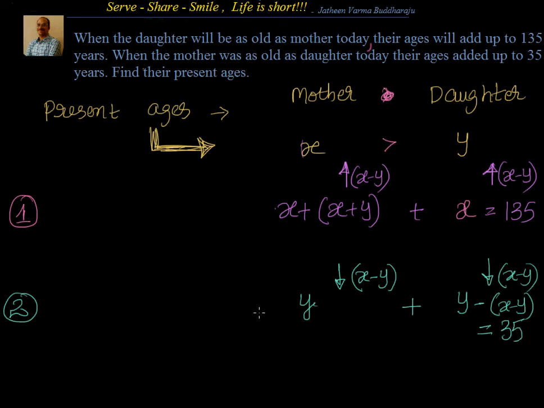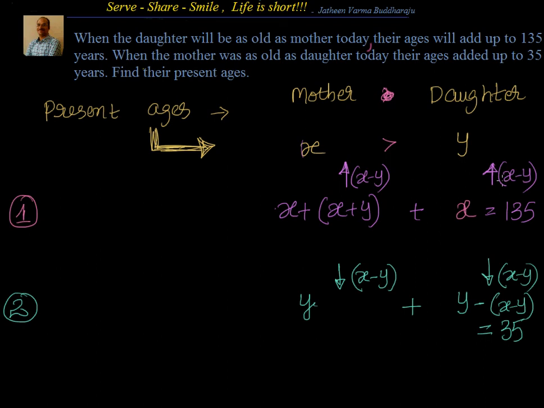So let me just try to repeat that again. We have been told that when the daughter will be as old as mother today, their ages will add up to 135. Similarly, when the mother was as old as daughter today, their ages added up to 35 years. We are talking about past tense there. Now let us start this problem by saying present ages of mother and daughter are X and Y. In the first condition, the daughter's age is the present age of mother, that is X. The daughter's present age is Y. To become X years, she has to grow up by X minus Y years.